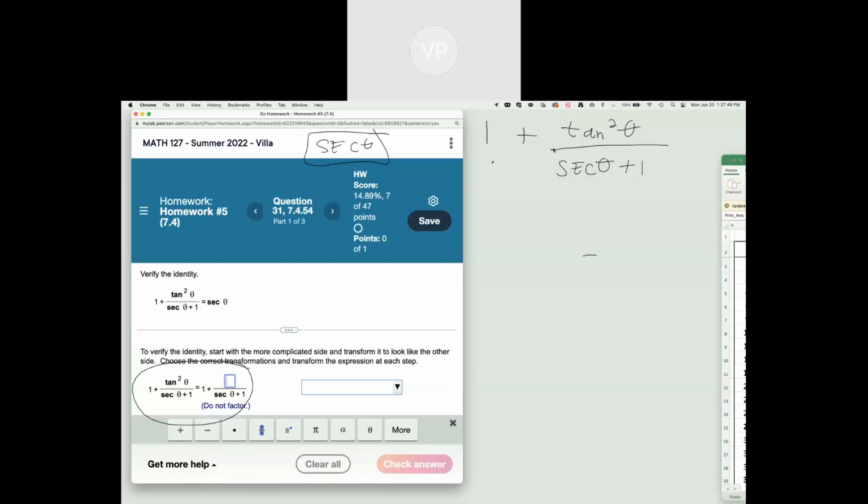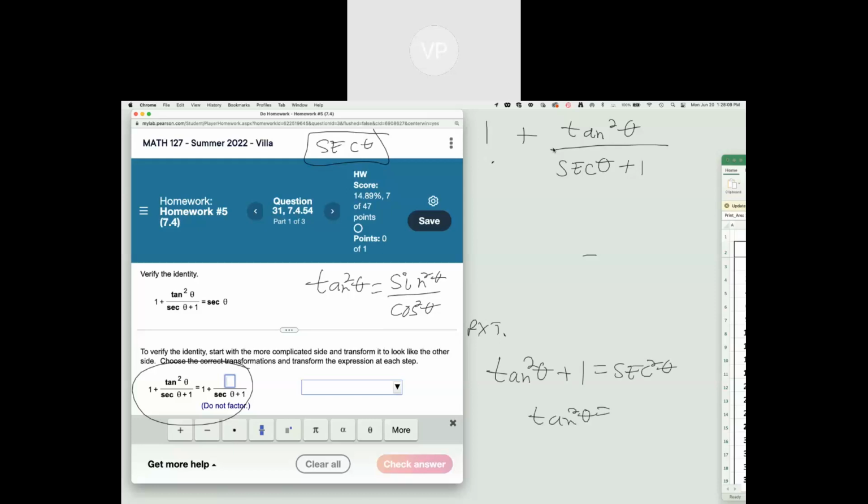There's a couple options. I can rewrite tan square as sine square over cosine square. Now, as much as this will be true, it's not going to help us too much in what we have here. What I am going to focus on is anytime you see a square function, you think of Pythagorean theorem. And remember this one, tan square plus 1 equals secant square.